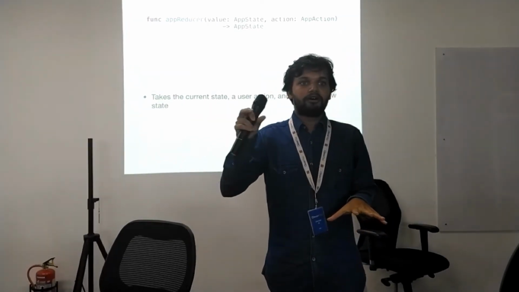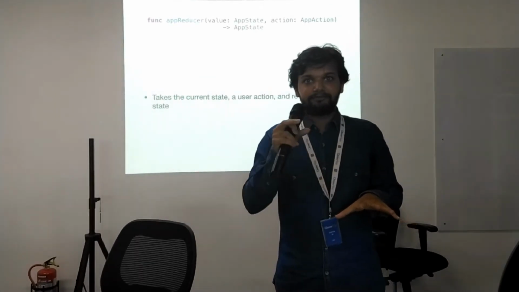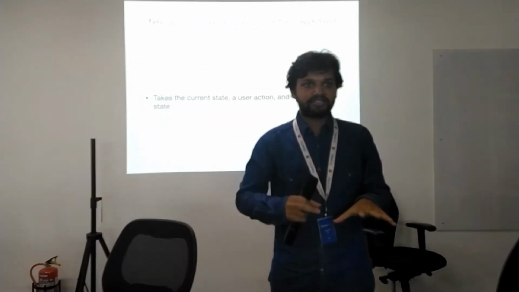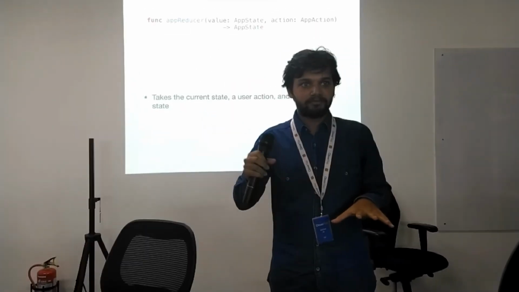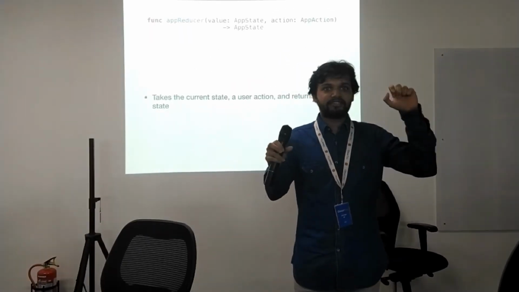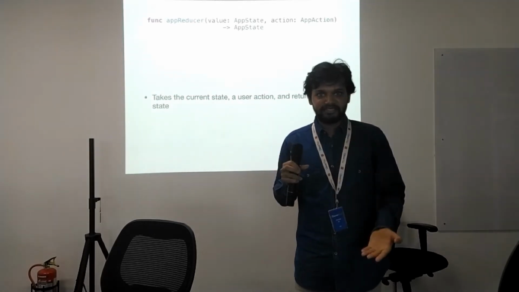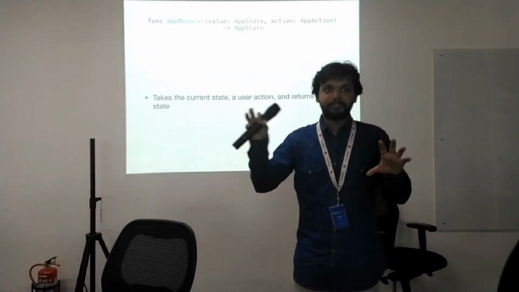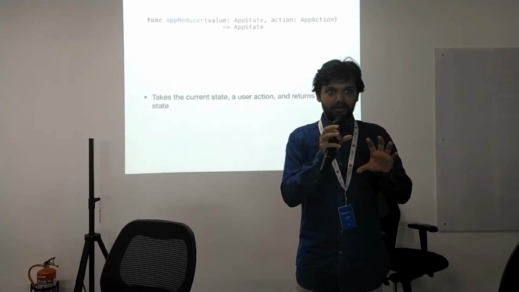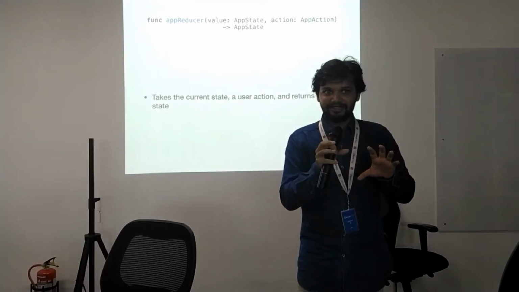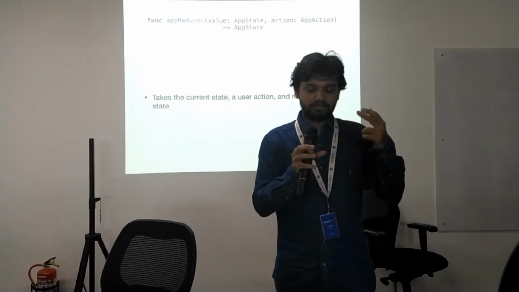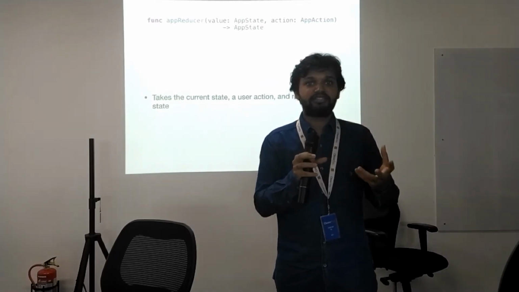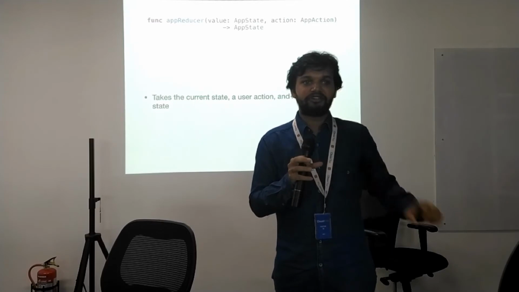You have an enum type that has all the actions of the user, as in the user liked an image. So what you do is you take a function which takes the current state, and then you add to it a mutation, or whatever the user does, and then you return a new state object, and then you save it.